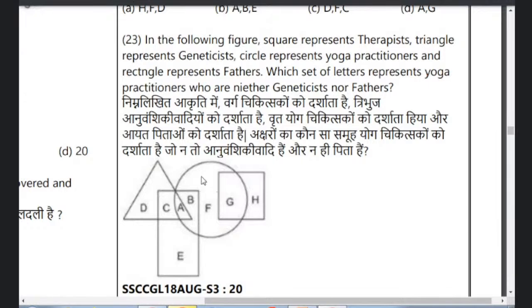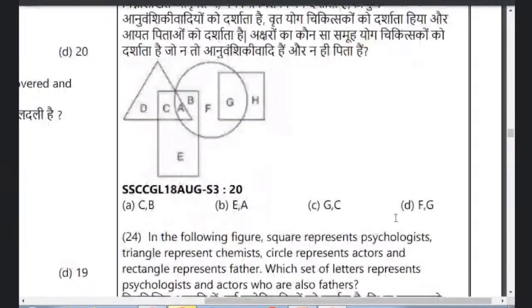We first find which letters lie in the circle: A, B, F, G. But not the gymnast and not the father. Rectangle represents the father, so A and B are not the option. And triangle represents the gymnast, also A. So our option is F and G. Option B.